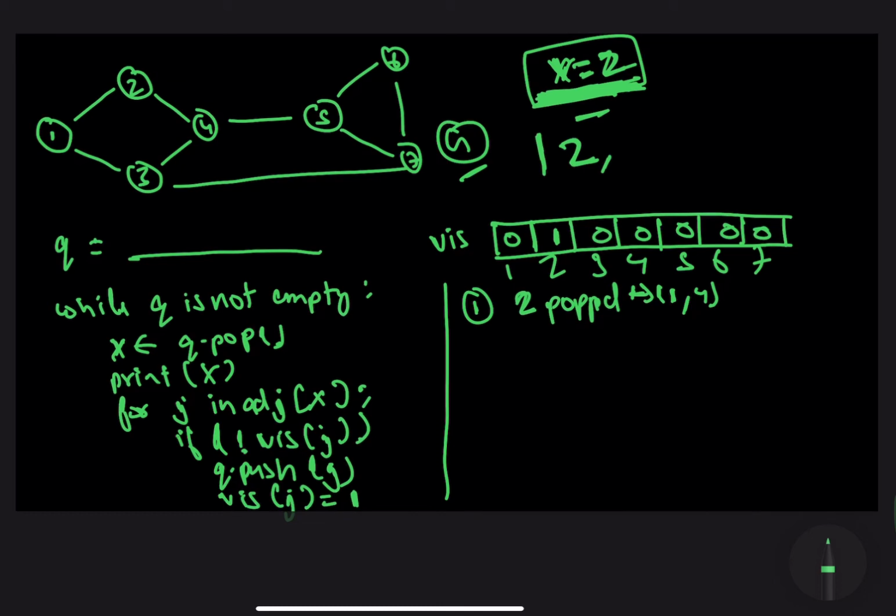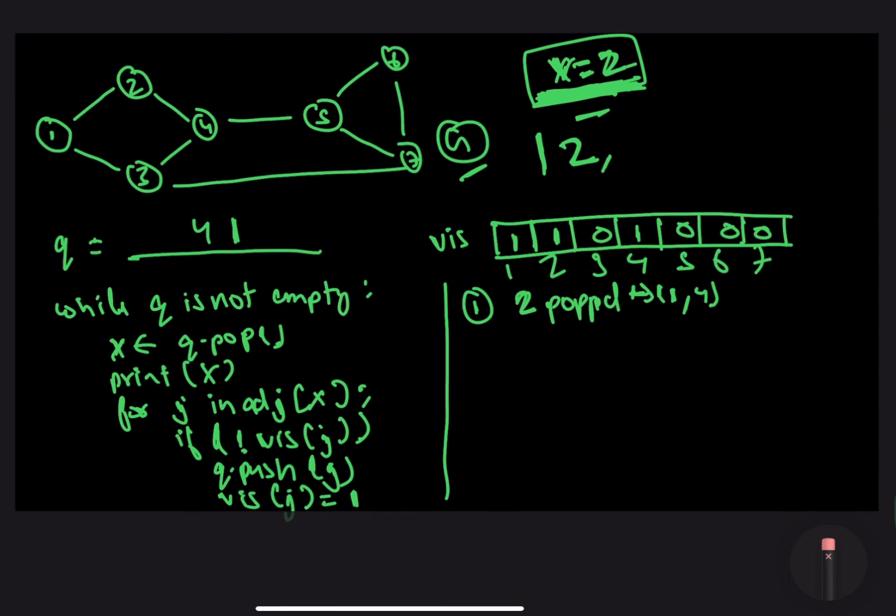I know that vis of 1 is equal to 0, so we would push 1 into the queue, and we would also set vis of j equals to 1. Then we will iterate over 4, and since vis of 4 is equal to 0, we would push 4 into the queue and also set vis of 4 equals to 1.